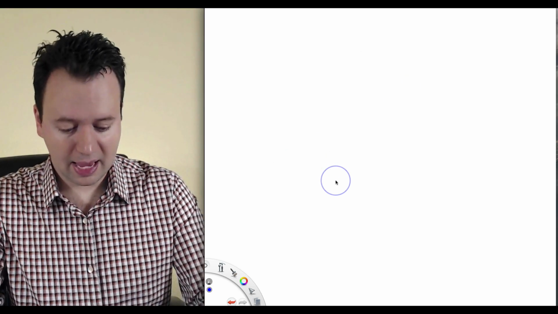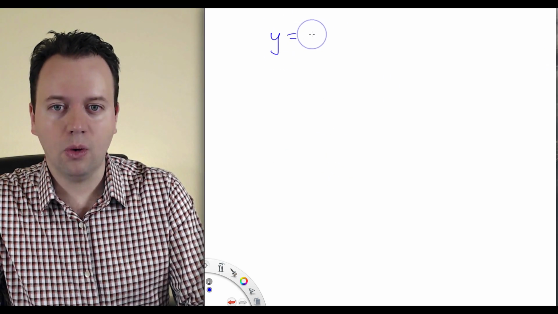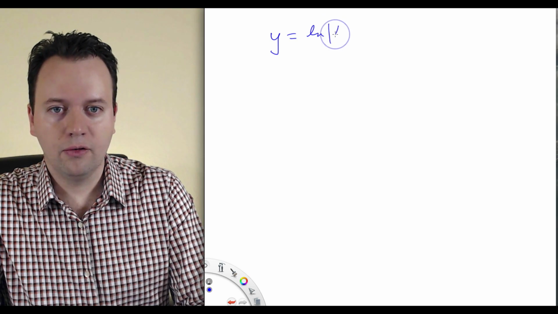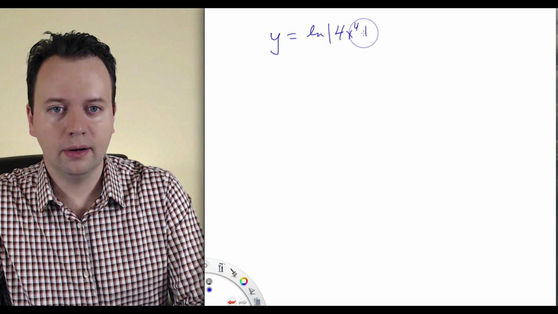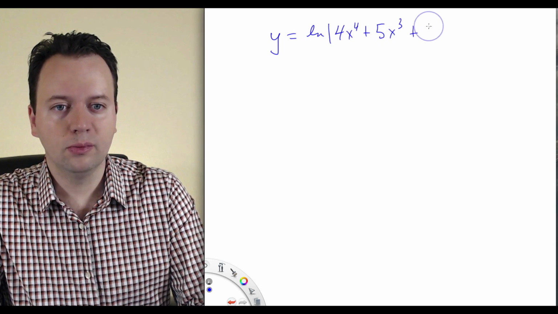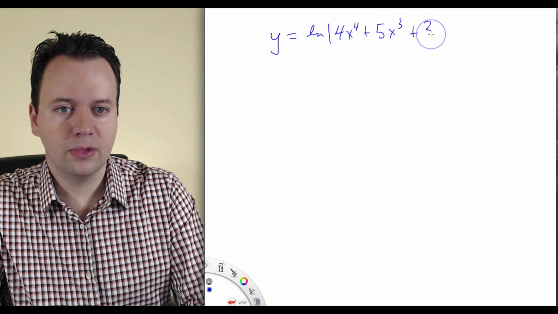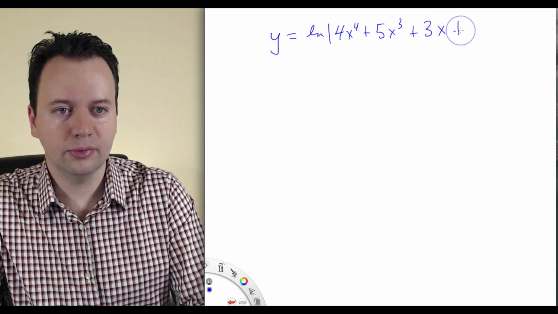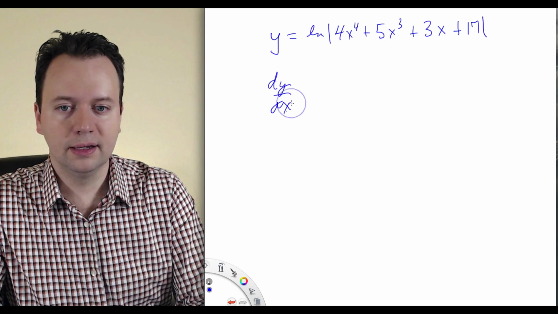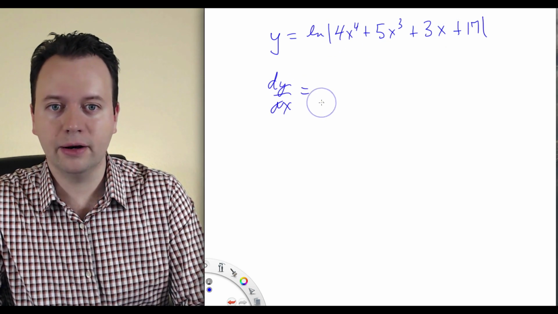So to see some examples of that, suppose we have y is equal to ln of 4x to the 4 plus 5x cubed plus 3x plus 17. So the derivative, dy dx, is just going to be the derivative of the inside over the inside.